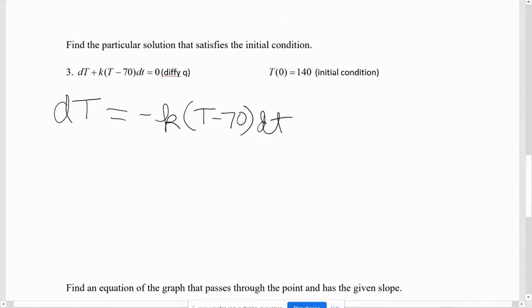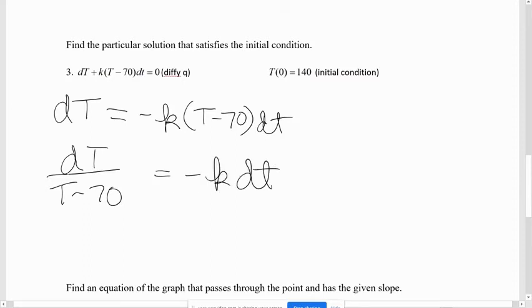All right. Then I'm going to divide both sides by T minus 70. That'll give me dT over T minus 70 on this side, and just negative k dt on this side. All right, so we're going to take the antiderivative of both sides.